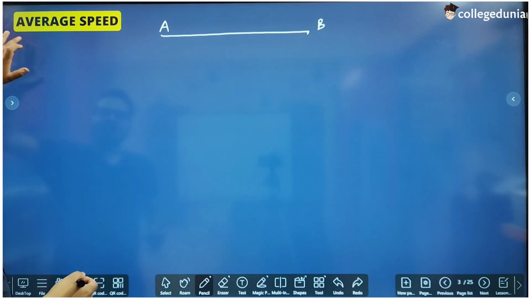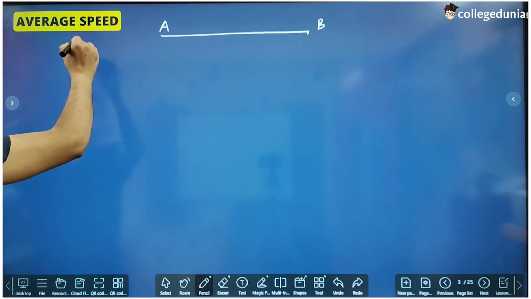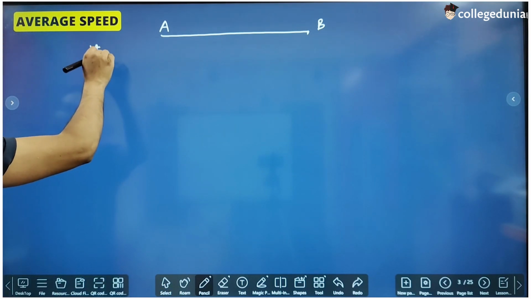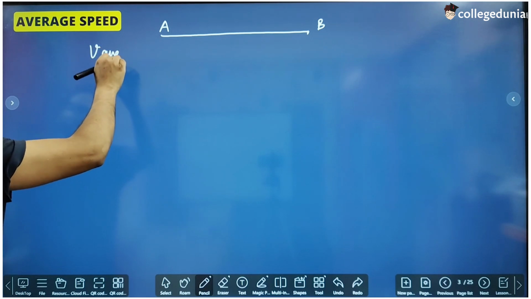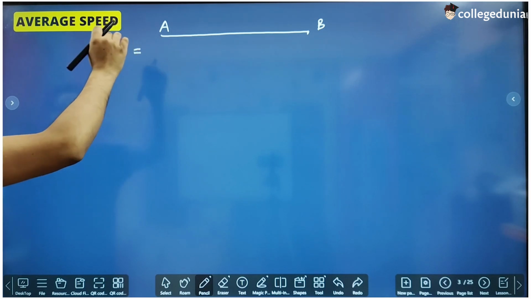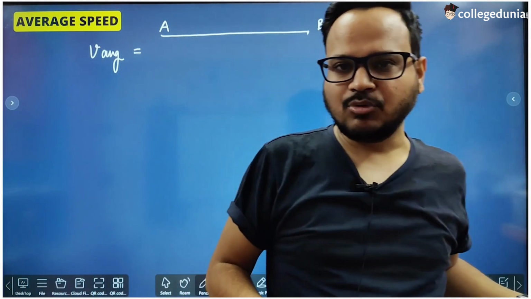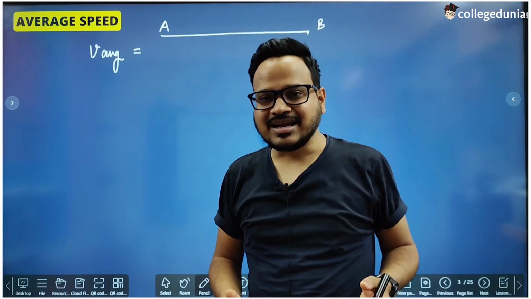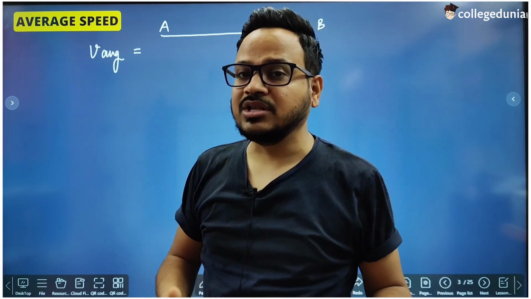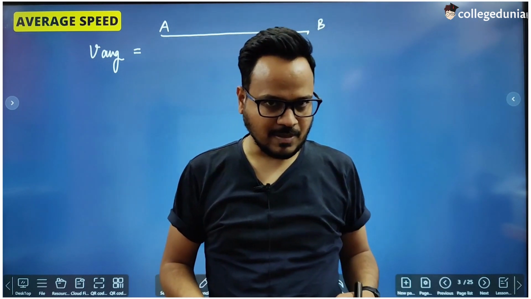But what is average speed? The symbol of average speed that we are going to take is V average. V is basically velocity. You know that the speed is distance upon time, and if you remember your class 9th lectures, then you must know that velocity is displacement upon time.